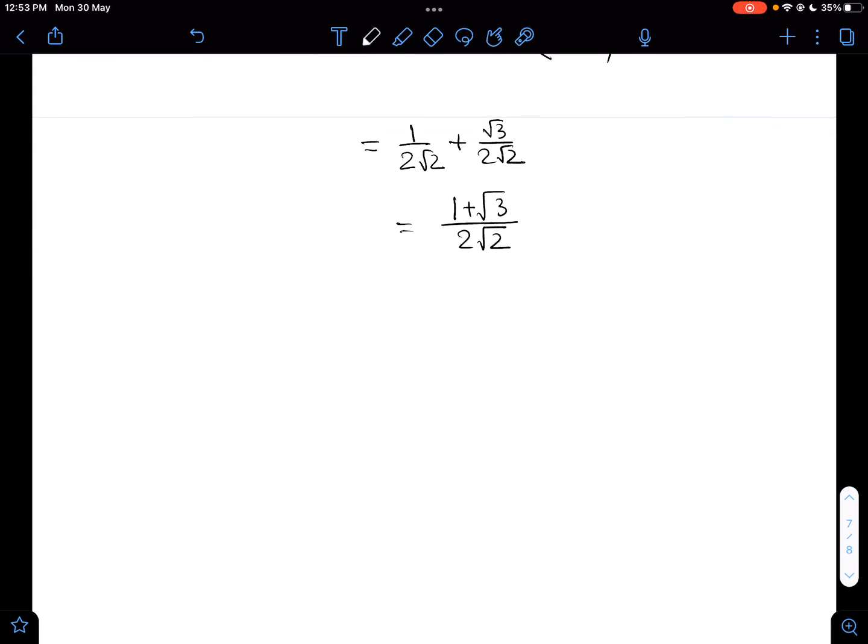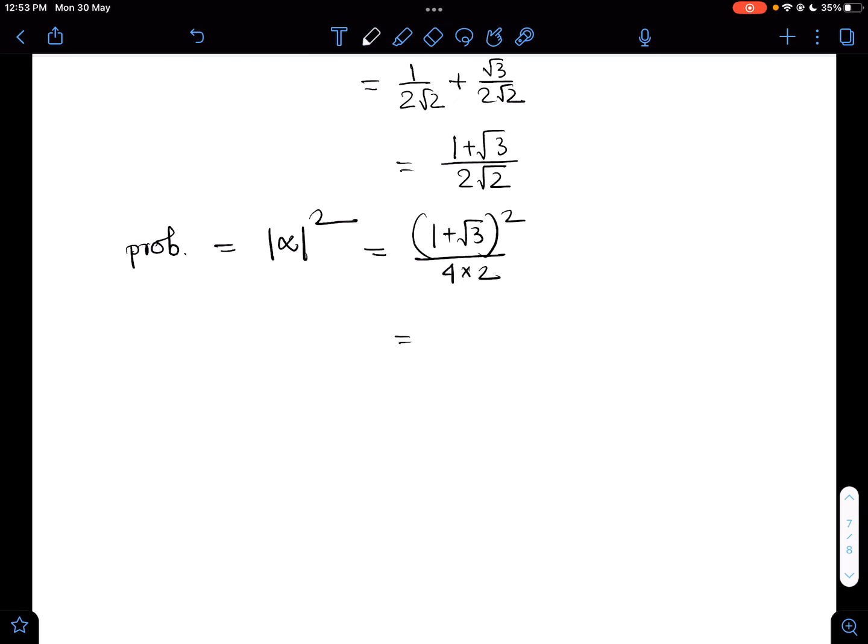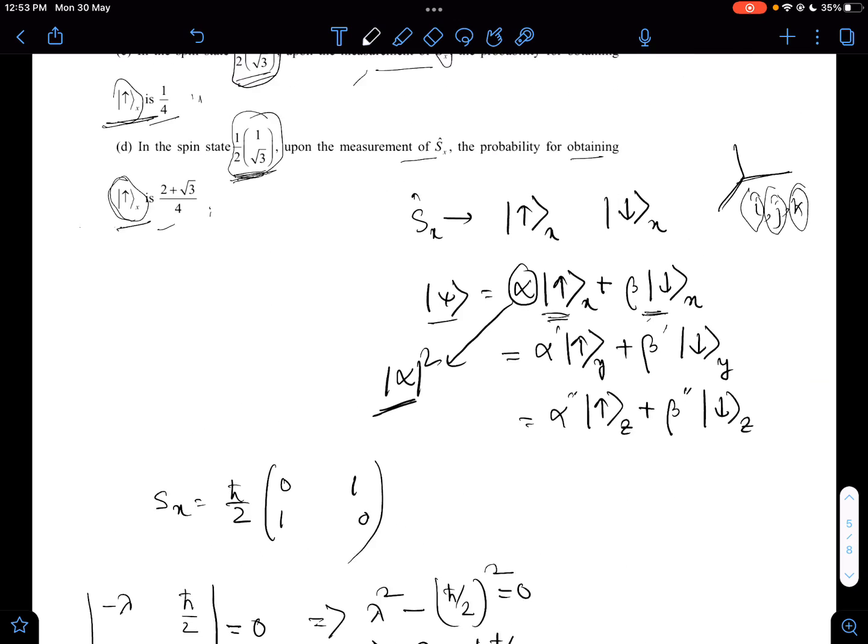So we have to find the probability. Probability means we have to find alpha squared. That means (1 plus root 3) squared by 4 into 2. If we simplify this, we will get (1 plus 3 plus 2 root 3) by 8. So this will be (2 plus root 3) by 4. Let us check our options.